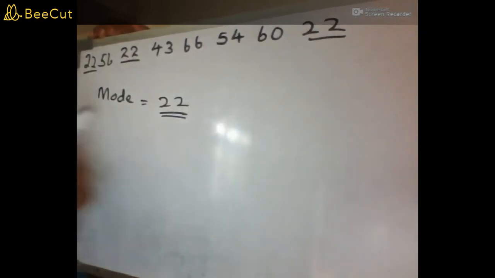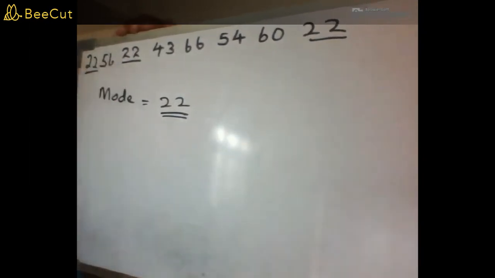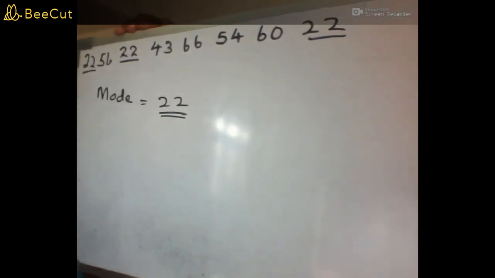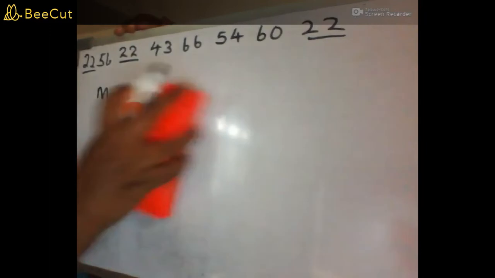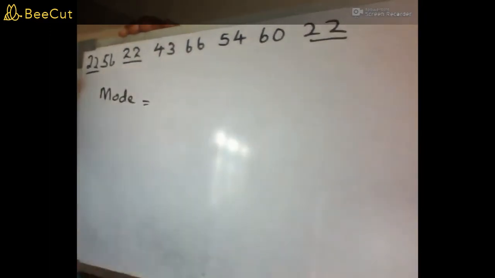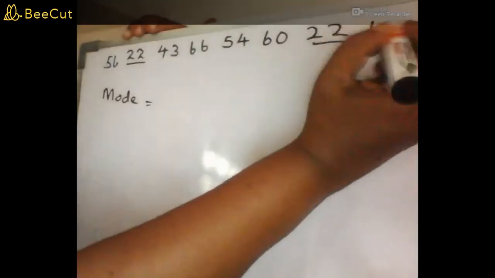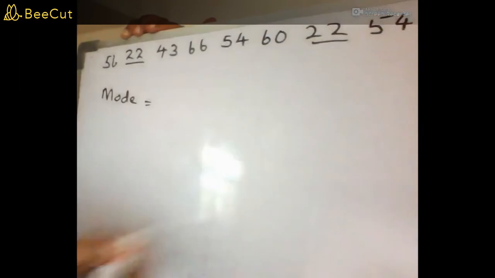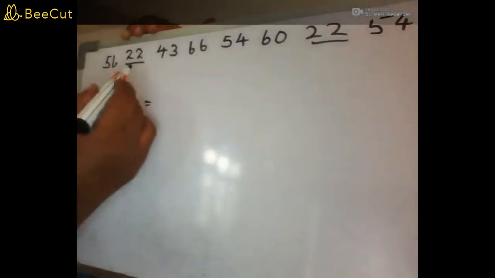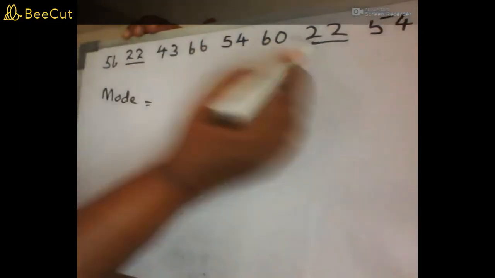All right. Suppose you have, this is a discrete data, right? A particular mark can occur more than once. Suppose you have this one, you have 54 here, another mark, right? 22, 22.